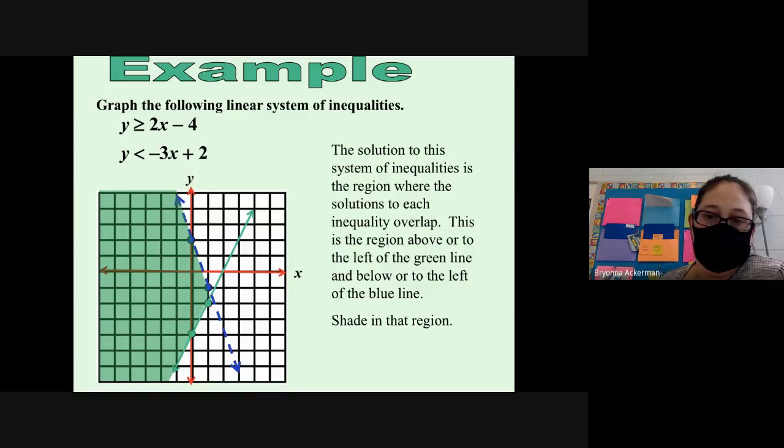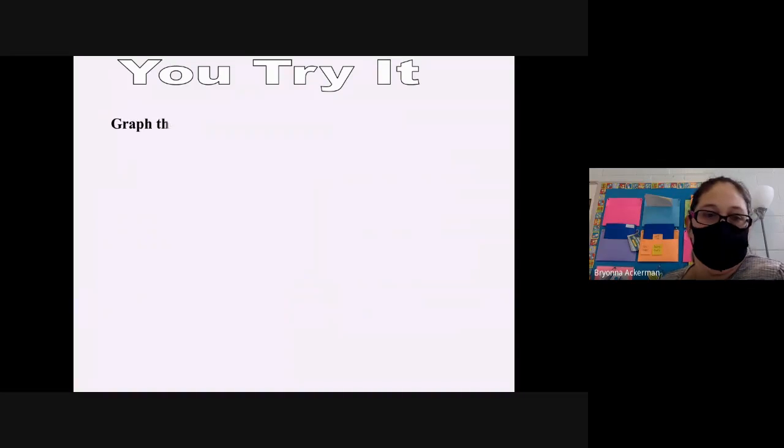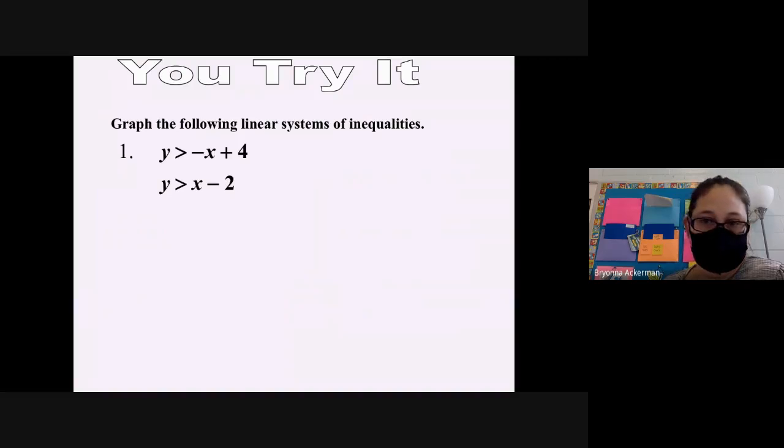All right, I want you to try one. So try this on your piece of paper. Go ahead and graph these two lines and find the shaded area.